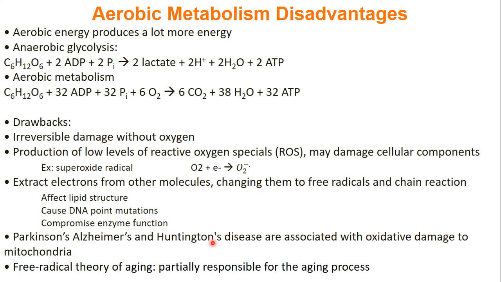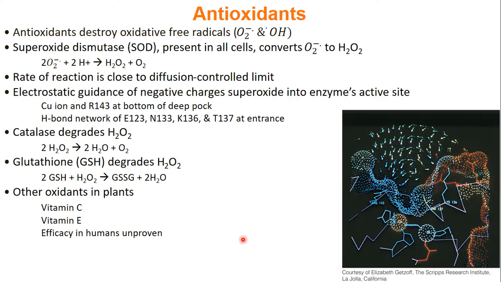If we look at some of the diseases ravaging us today, Parkinson's, Alzheimer's, and Huntington's disease are all thought to be associated with oxidative damage from the mitochondria due to using oxygen. There's also a theory of aging, that these free radicals build up, and that's why we age, because you get more and more damage due to these free radicals.